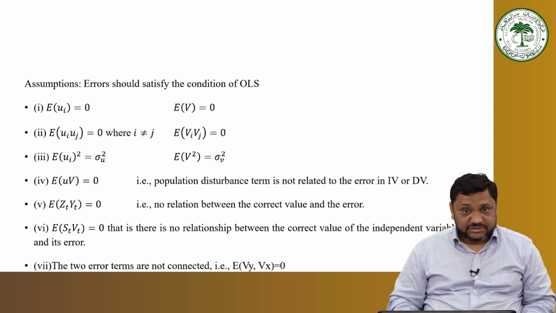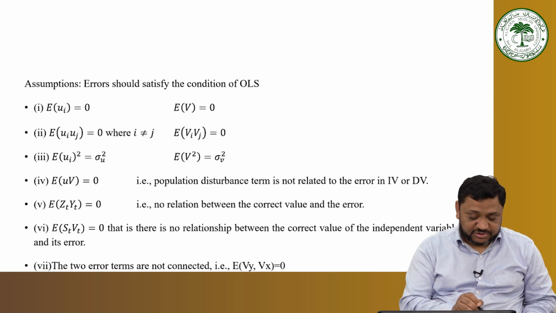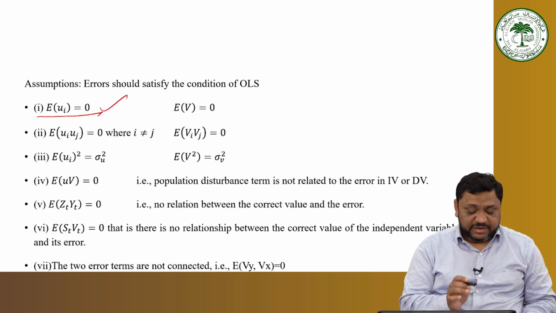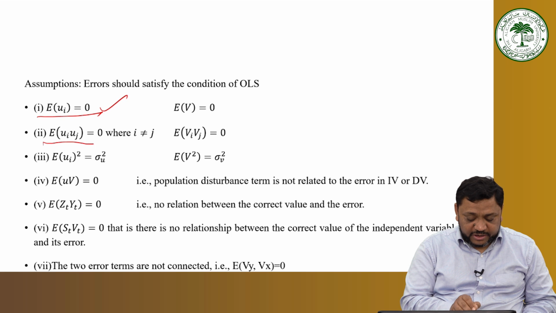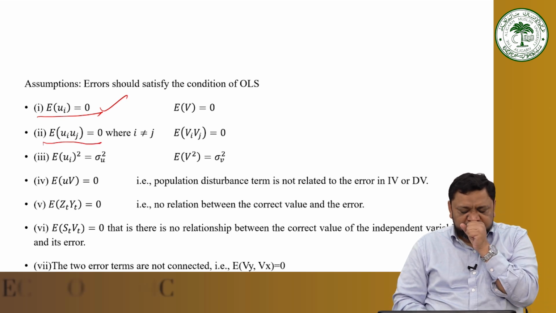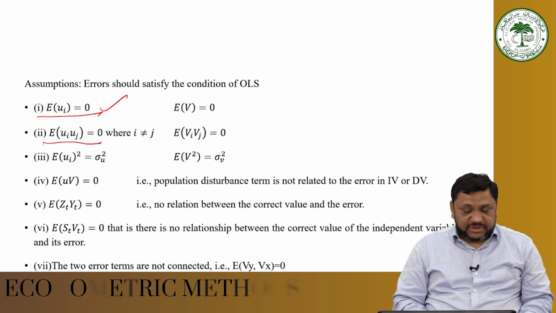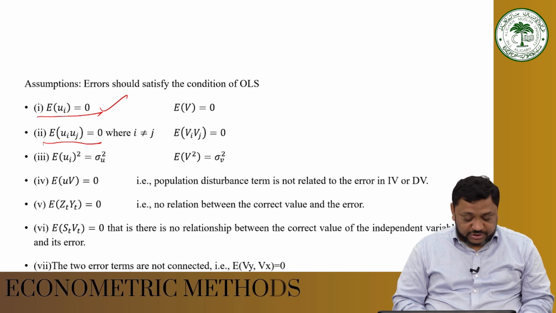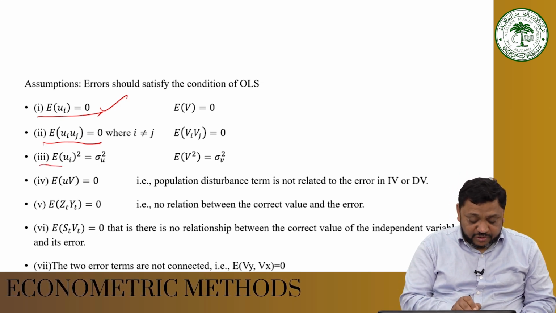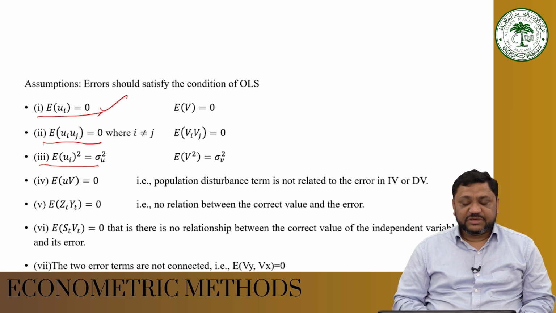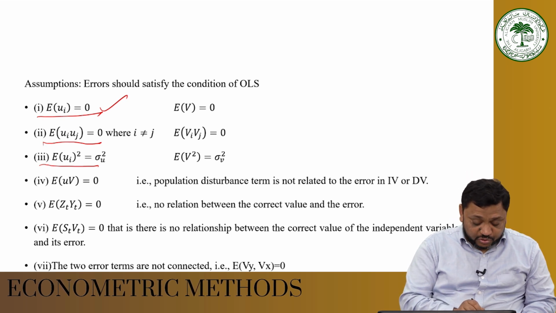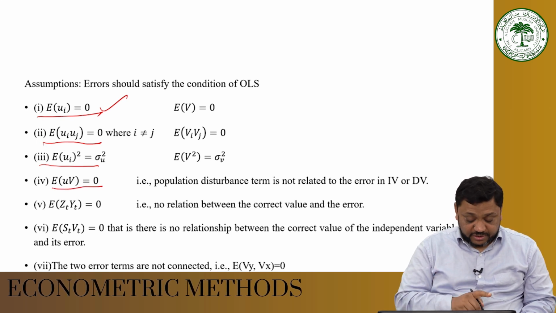Now let us look at the assumptions. These are the classical linear regression assumptions. The expected value of ui is equal to 0, the expected value of ui uj is equal to 0, and the expected value of ui square is a constant, that is sigma square u. Then there is no relationship between u and v, the two error terms.